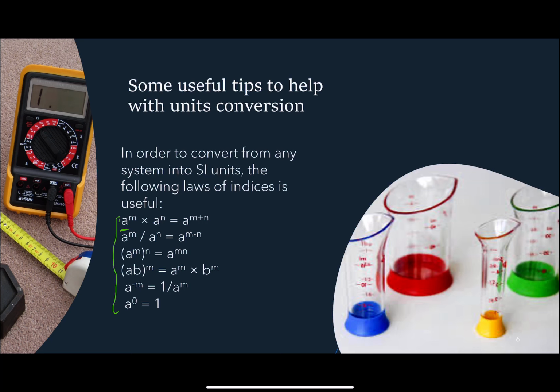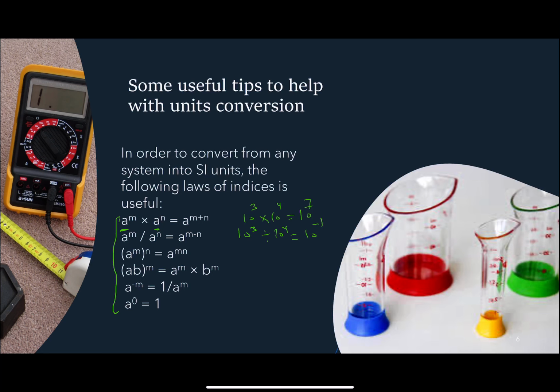If they have the same base, which they are in this case, so let's say 10 to the power of 3 multiplied by 10 to the power of 4, the answer will be 10 to the power of 7 because I just add them together. If I do the opposite, the division, 10 to the power of 3 divided by 10 to the power of 4, that means 3 minus 4. So the answer will be 10 to the power of minus 1.